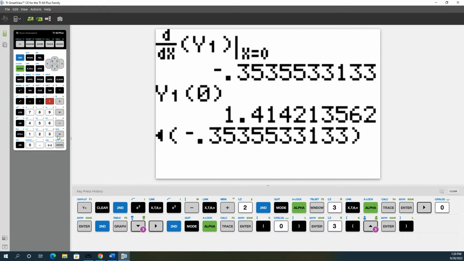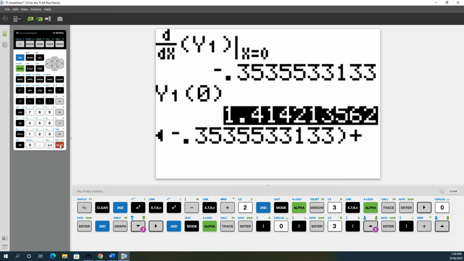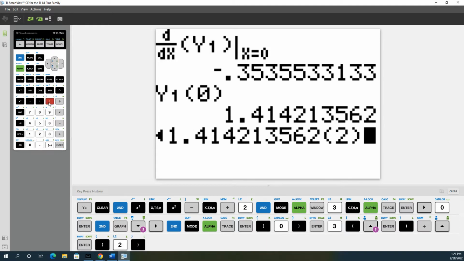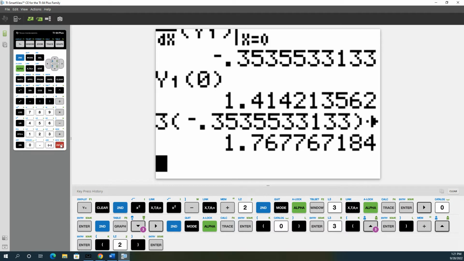And then plus, go up and choose that. And then multiply that by 2. That way we're technically given the exact answer, or as close to the exact answer as possible. Now we want to be accurate to 3 decimal places, which means we can truncate and just do those 3, or we could round. Both answers will give you full credit.